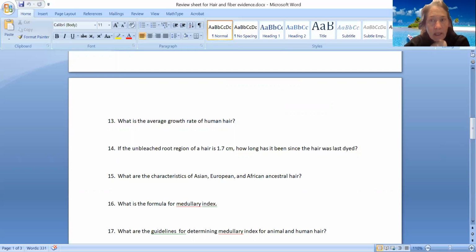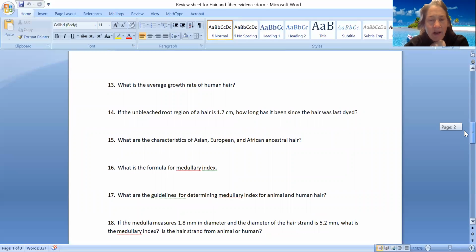Okay. Again, if I made a mistake on this, please just put it in the chat. What are the characteristics of Asian, European, African, or ancestral hair? That was on the handout that I gave you. Let's look here.